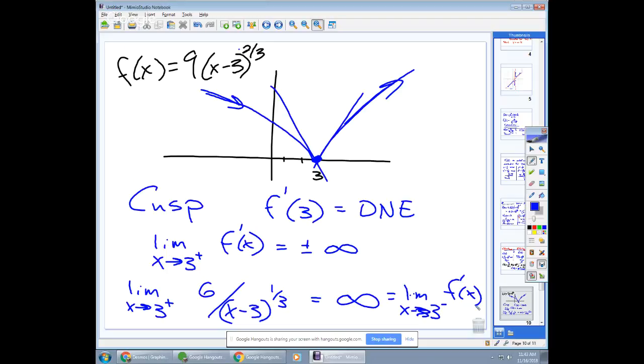What's up? Since it's to the one third, would it be negative? Just looking at the graph, it looks like it's going to be going to negative. Indeed. Well, on the left side of 3, I see what you're saying.